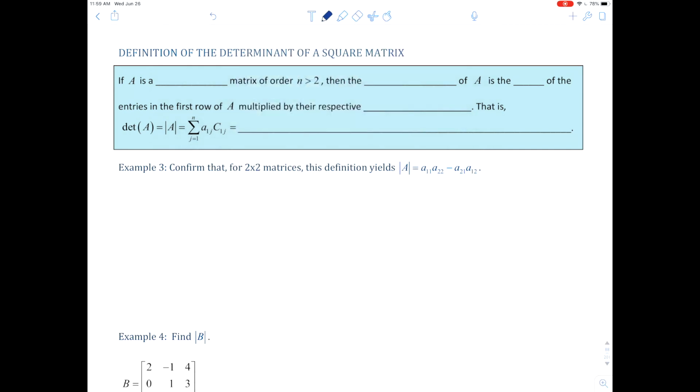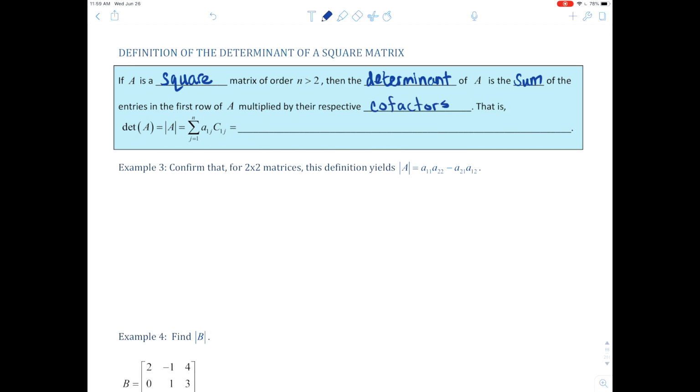All right? Definition of the determinant of a square matrix: if A is a square matrix of order n greater than 2, then the determinant of A is the sum of the entries in the first row of A multiplied by their respective cofactors.